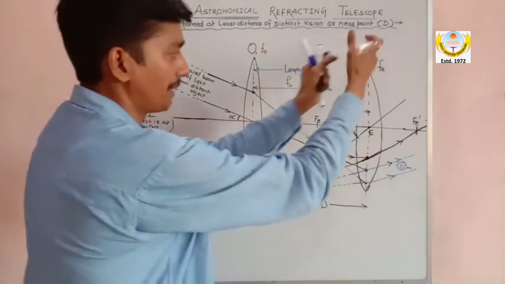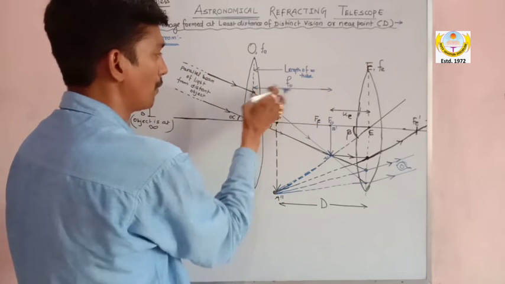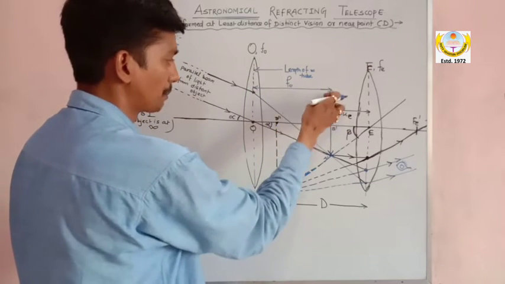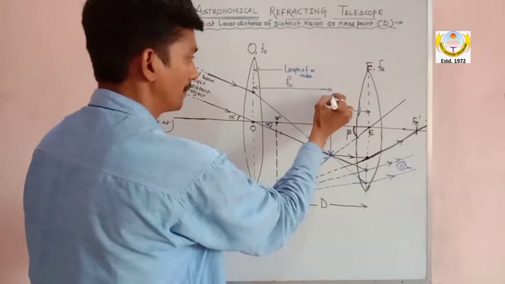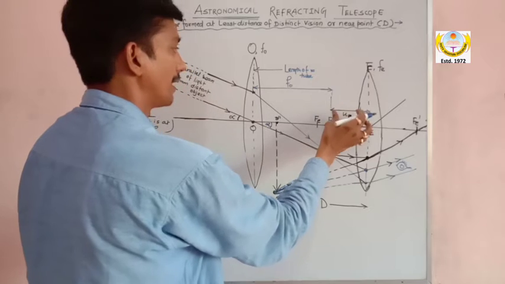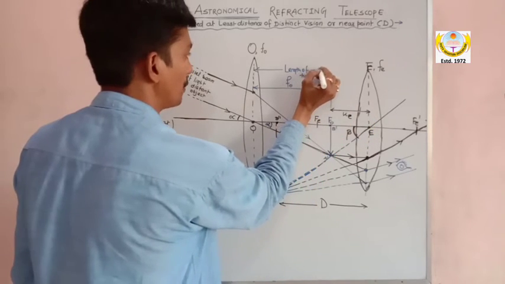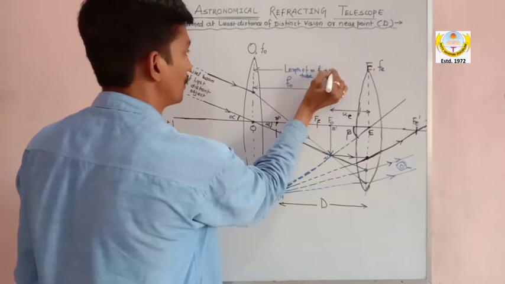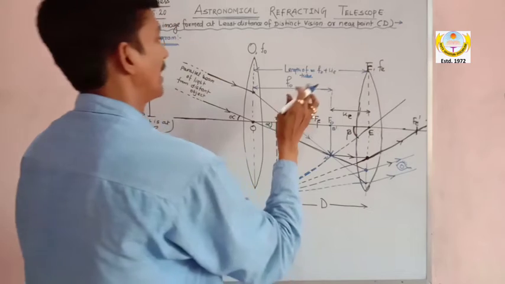You can see here to here the distance is FO. From the objective to this point the distance is FO, and from the eyepiece to this point the distance is UE. So now the length of tube is nothing but FO plus UE.